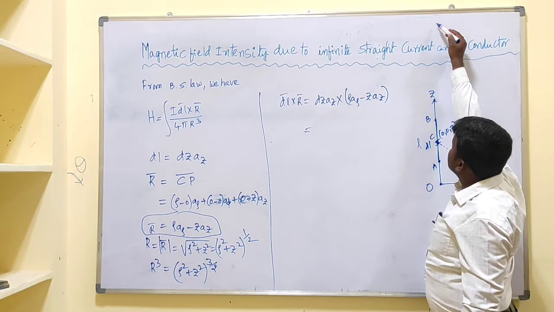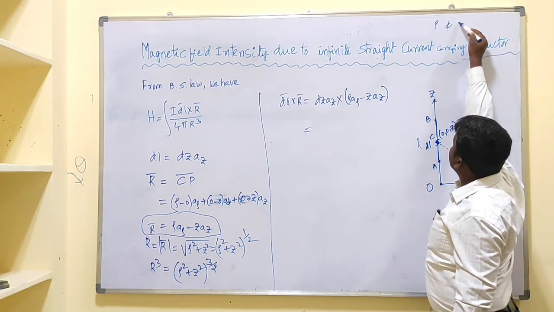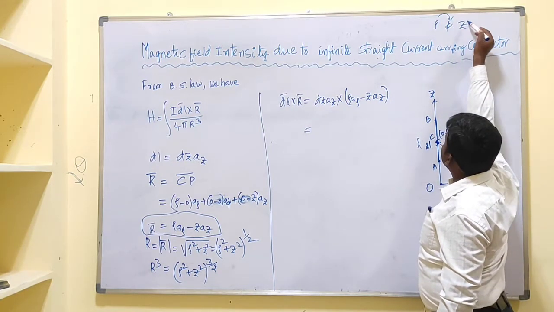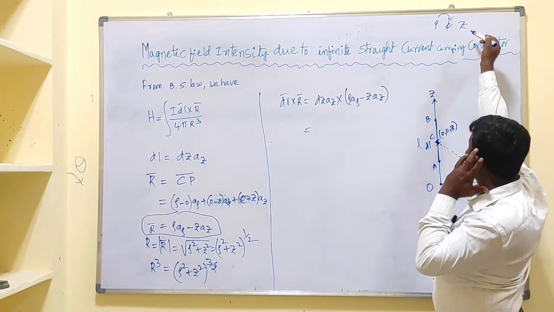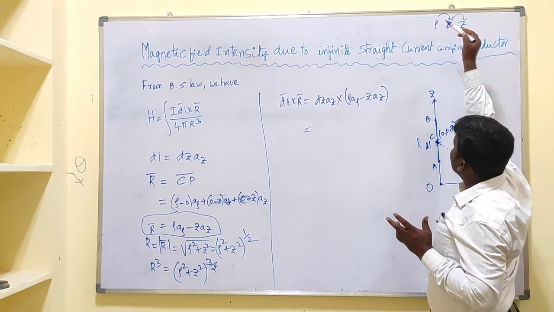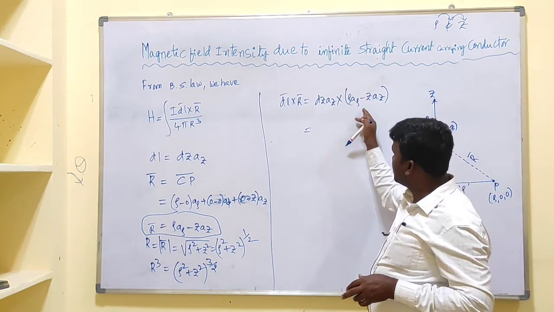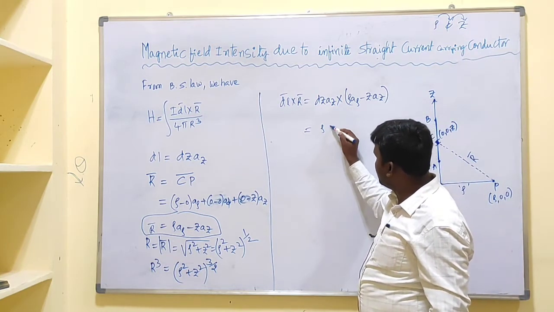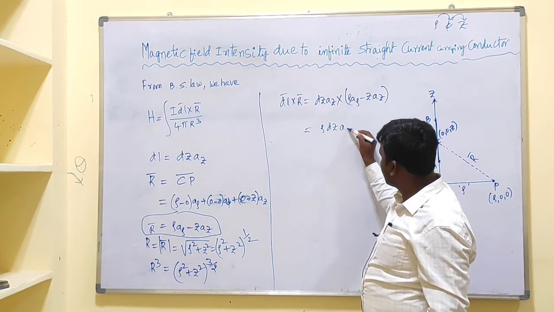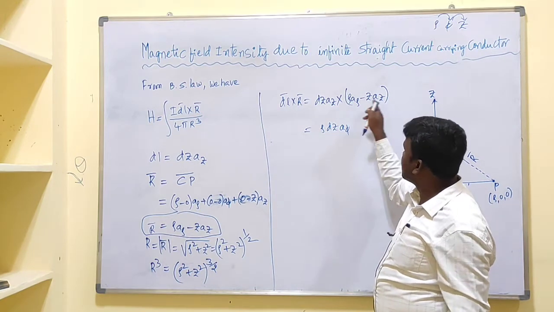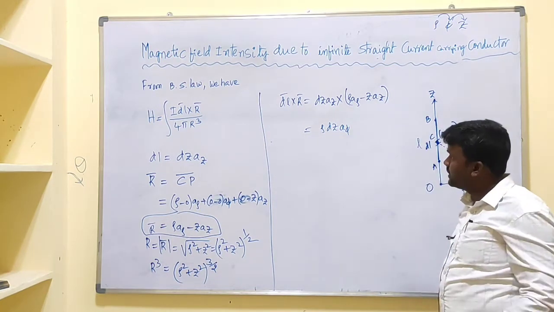Basically, the elements are rho, phi, z: a rho cross a phi gives az, a phi cross az gives a rho, and az cross a rho gives a phi. So az cross a rho gives rho dz a phi, and az cross az is 0, since sin 0 is 0.